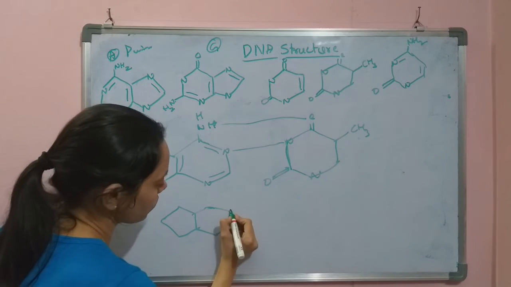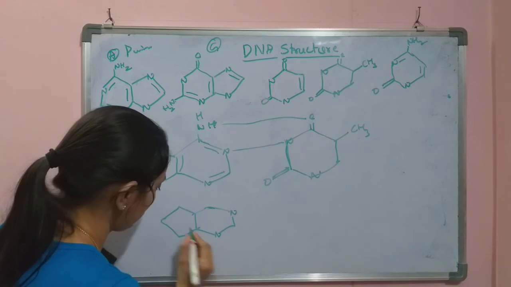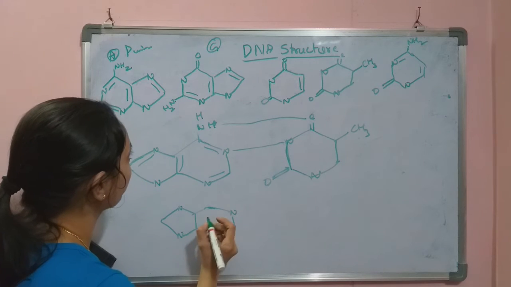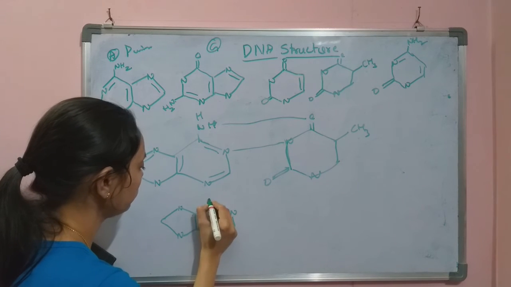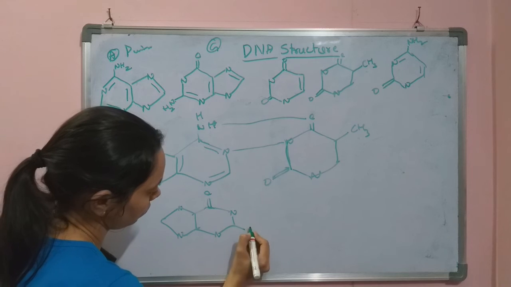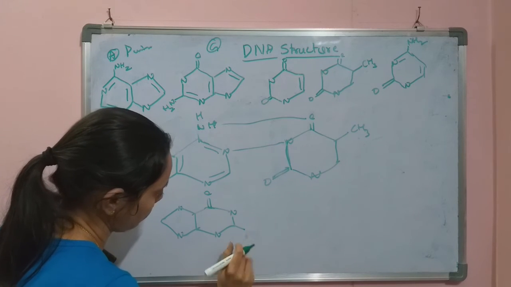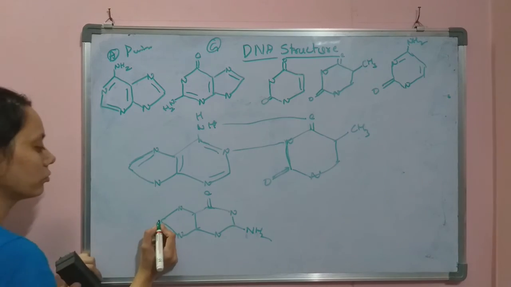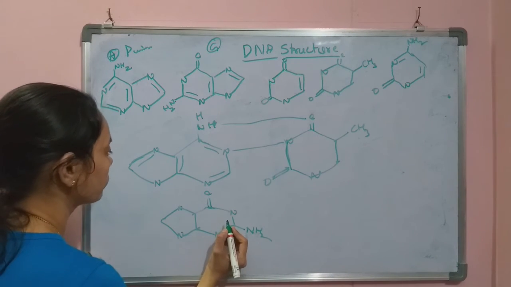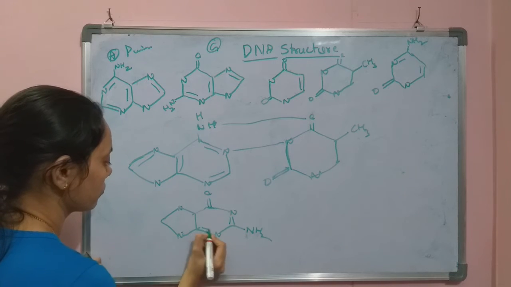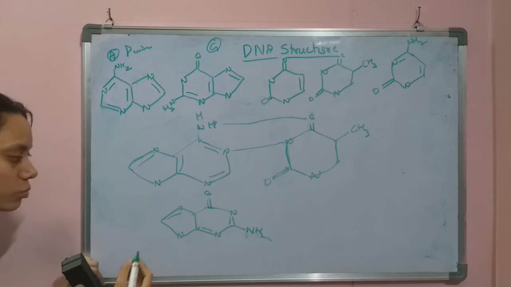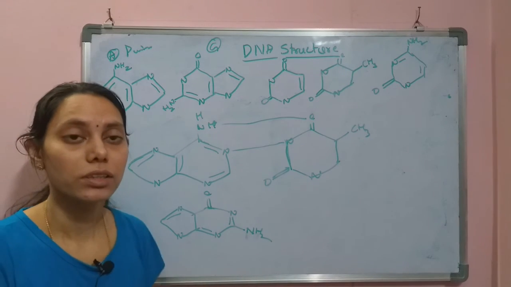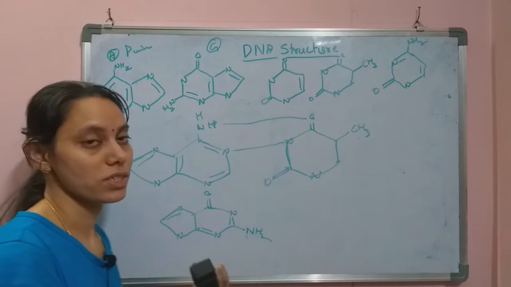So here is one nitrogen, so this is what the guanine is. So guanine will combine with cytosine in the opposite strand.